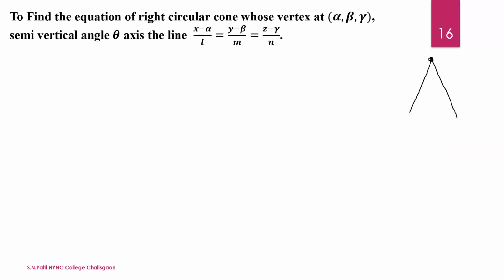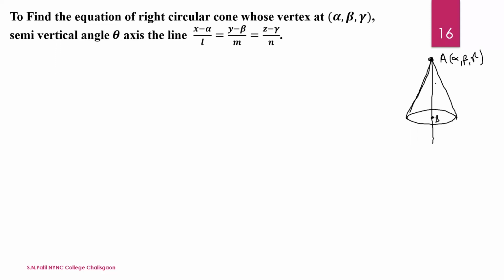See, this is the fixed point. Suppose A is the point and the vertex is alpha, beta, gamma, and all these lines are the generators, which intersect the guiding curve. This is the guiding curve and this is the axis of the cone.